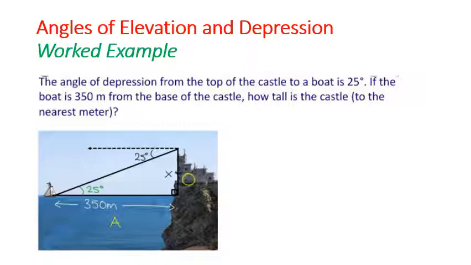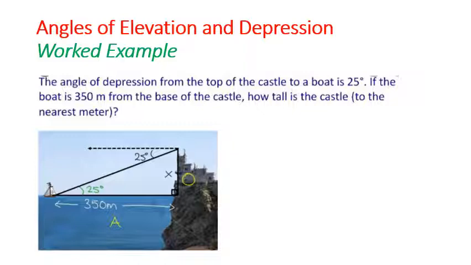So the 25 degrees that you see marked up the top there, just out from the top of the castle, there is a horizontal line shown as a dotted line in this case, and that's where the 25 degrees can be positioned.